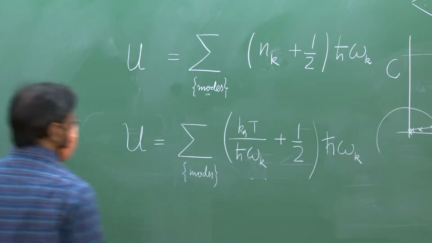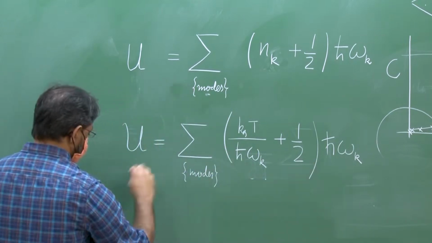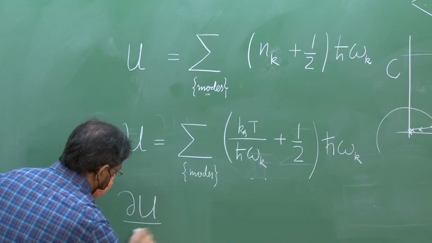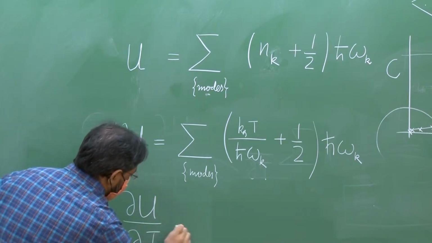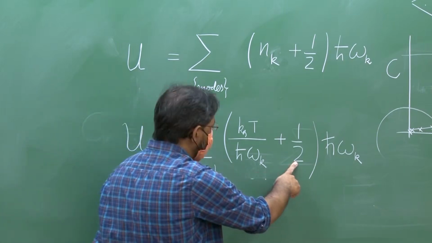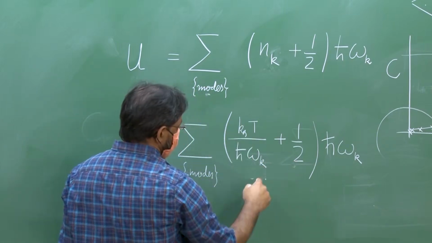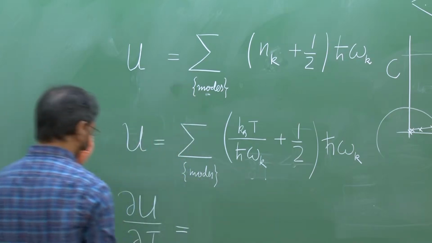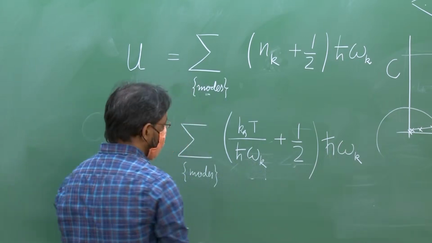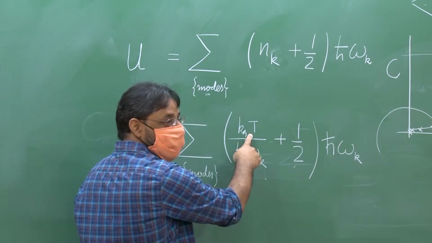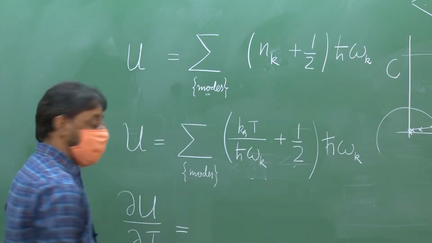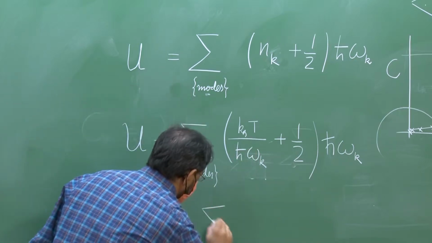That is your U, and you can rearrange it. Now take the derivative, del U del T. The first term gives 0, the derivative of the constant term will be 0. Here the temperature dependence is there, and h bar omega_k will get cancelled from h bar omega_k in the second term. So what you are left with is just k_B times the summation over all the modes.